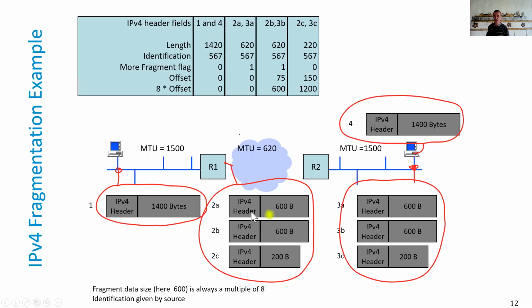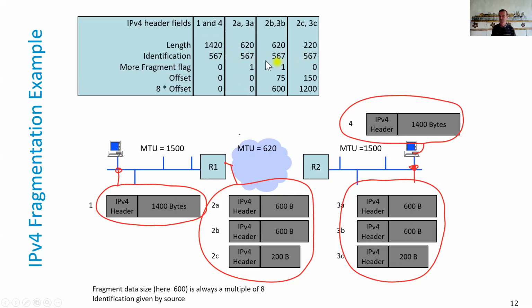3 packets with 620 bytes, including the header, plus whatever remains. Now, if we look at each of those 3 packets, remember, they are standalone packets, so they will have the source and destination IP addresses unmodified. The length will be modified: it will be 620 for packets 2A and 2B, and 220 for packet 2C. The identification will be the same.